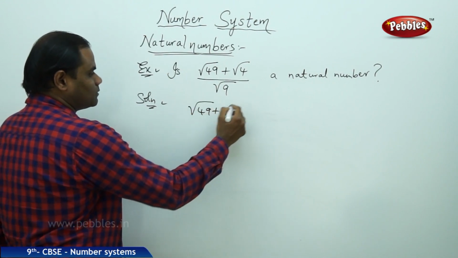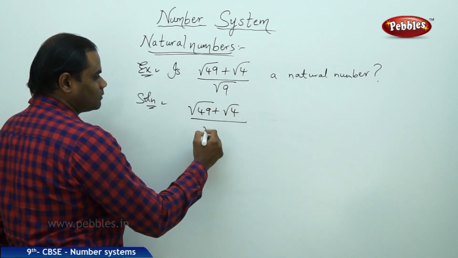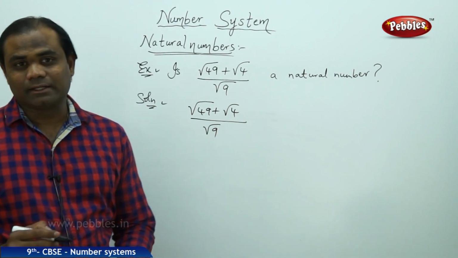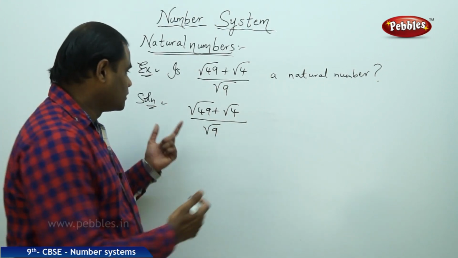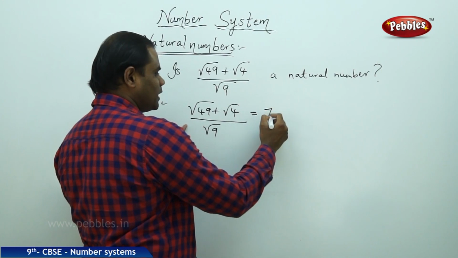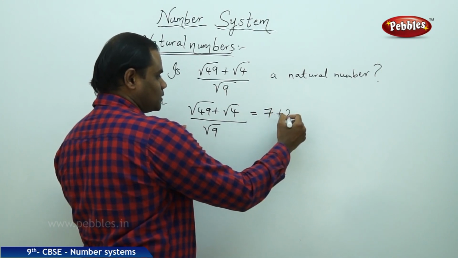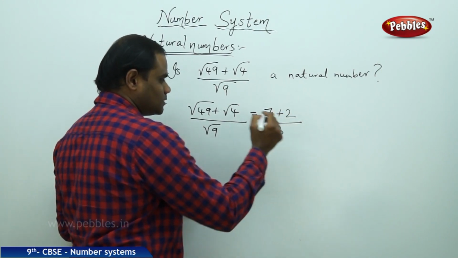So the given question, root 49 plus root 4 by root 9, is to be further simplified, as we clearly know that root 49 is 7, root 4 is 2, and root 9 is 3.